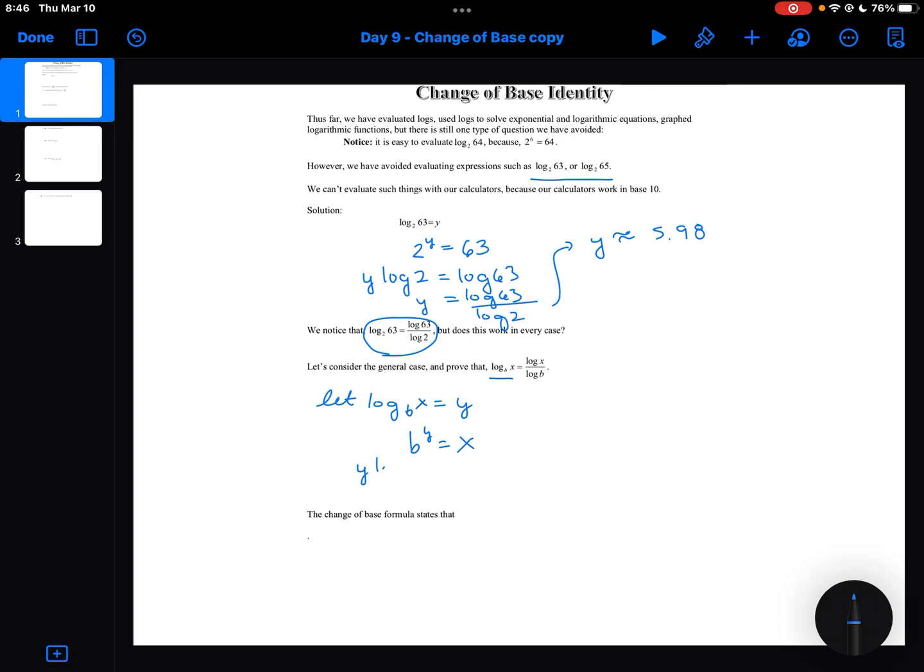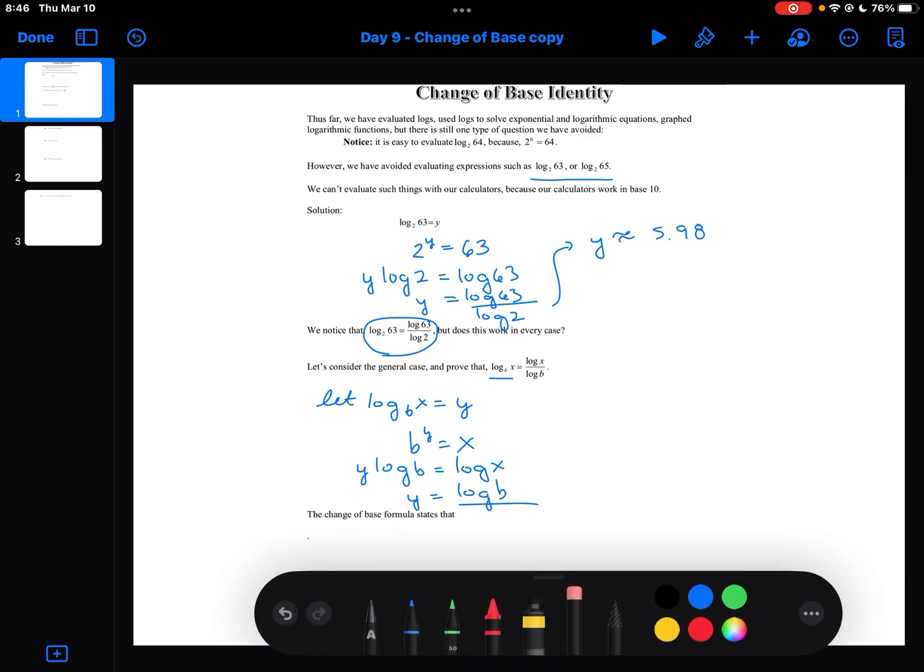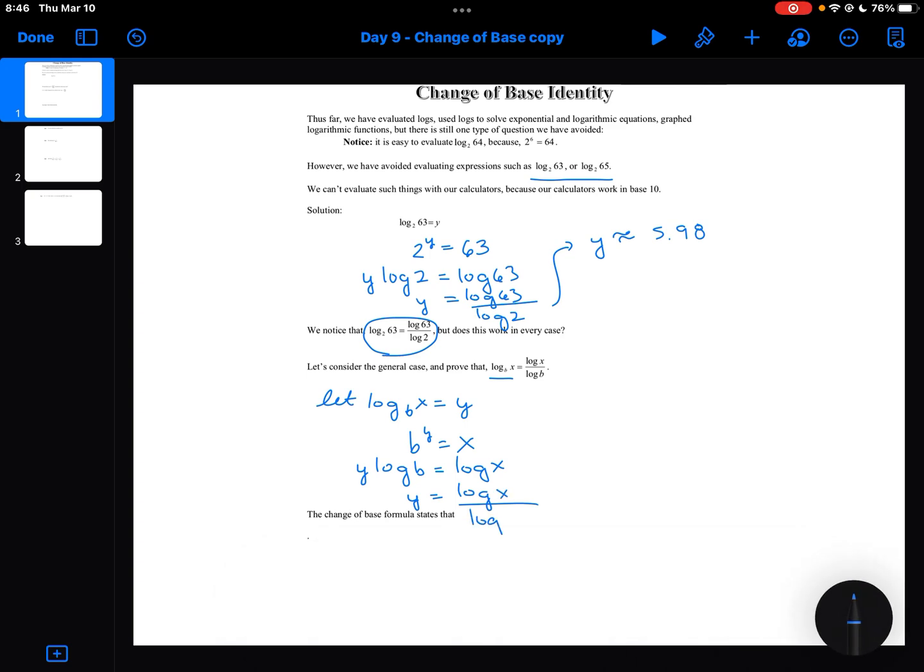We can take the log of both sides, which allows us to bring down the exponent. And then we divide both sides by log b. So therefore, it is true all the time.